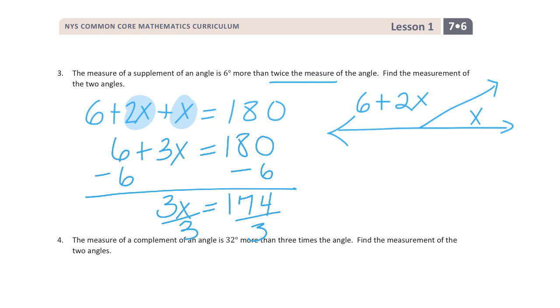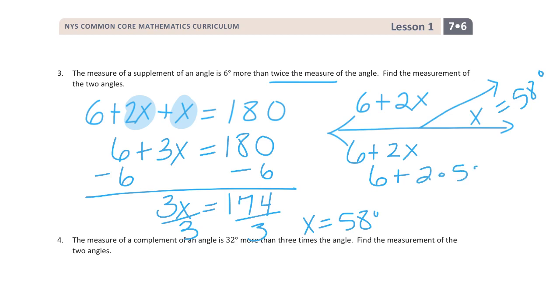And when I do that, x equals 58. So this angle right here is 58 degrees. And the other one, 6 plus 2x, so I'm going to plug in 58 for x. So 6 plus 2 times 58. So I'm going to calculate that, and when I do, I get 122 degrees.